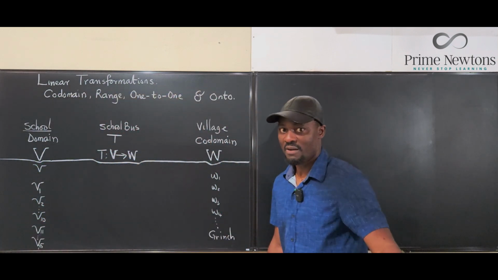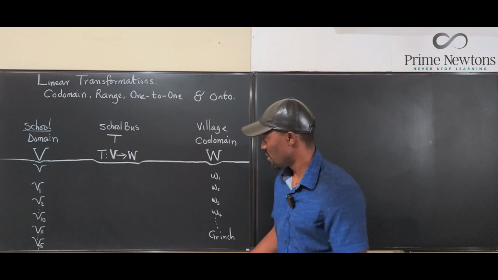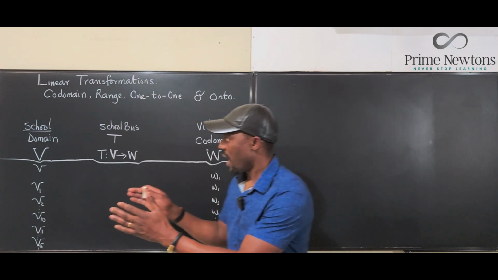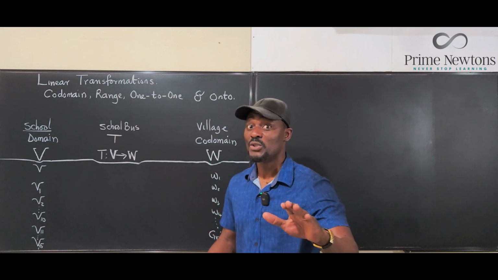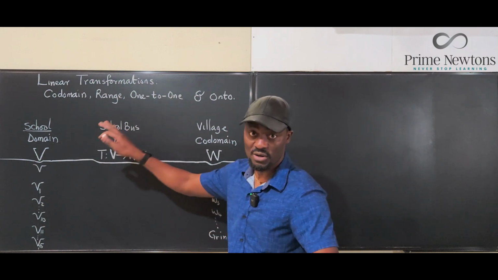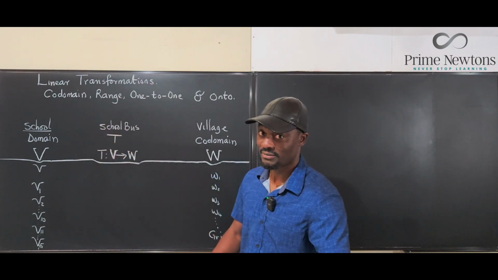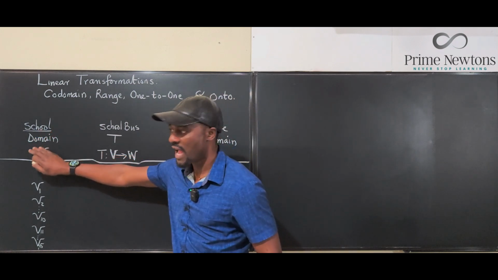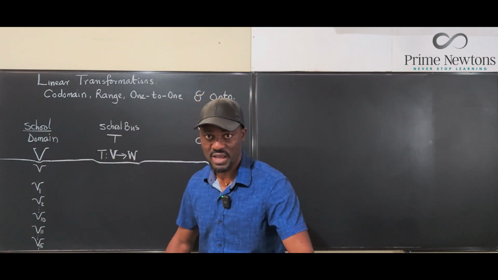There could be a finite number or an infinite number, but I'm just trying to do an illustration for you to understand these terms, including the kernel. So you have the school, which is the domain, and all these kids are vectors, okay?